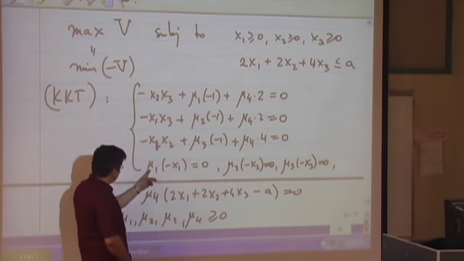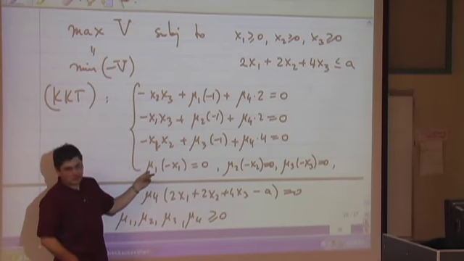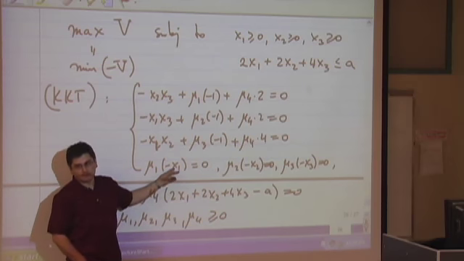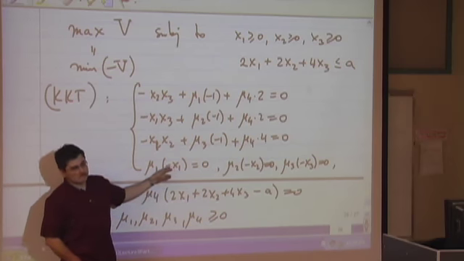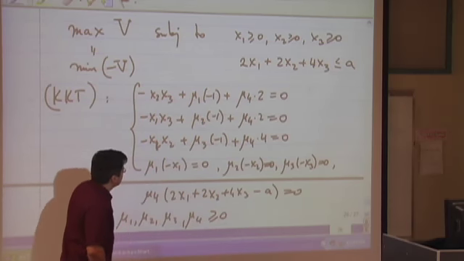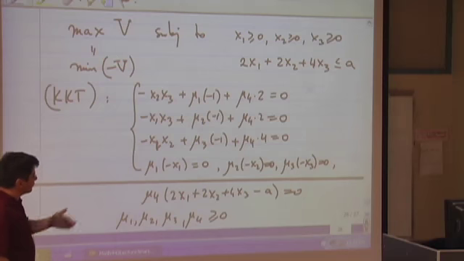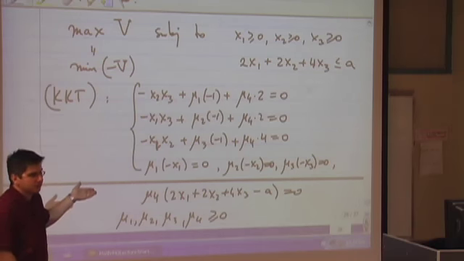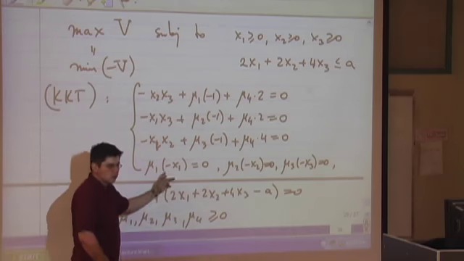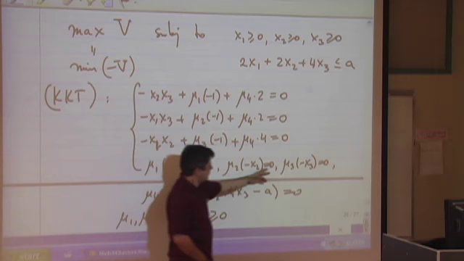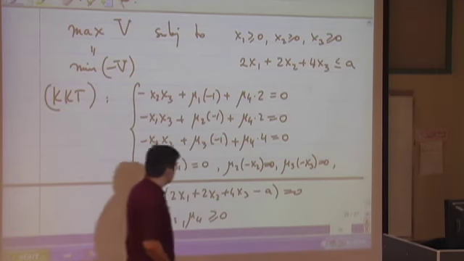So in other words, if mu1 is not 0, then x1 has to be 0. It may seem like an inefficient way to solve it, but that's really the only way you can solve this system, is to consider both cases for each of these situations.